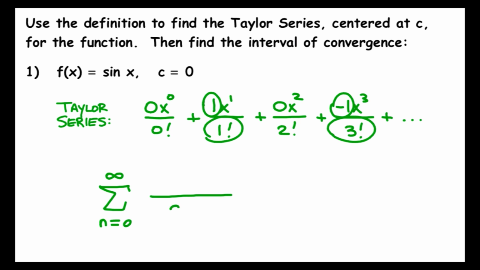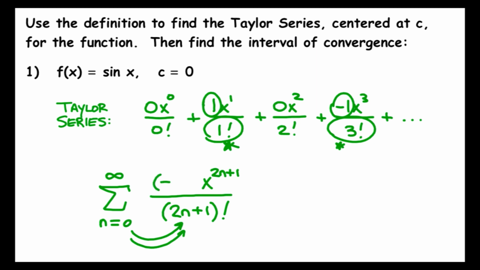So I'm going to say 2n plus 1 factorial. And that works because if n is 0, you're going to get the 1 factorial right here. If n is 1, you put the 1 in, you're going to get 3 factorial, and so forth and so on. So that's cool. I also know that the power matches that, so it's going to be x to the 2n plus 1.